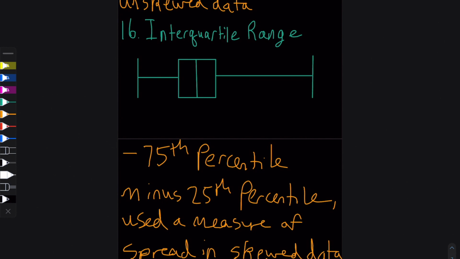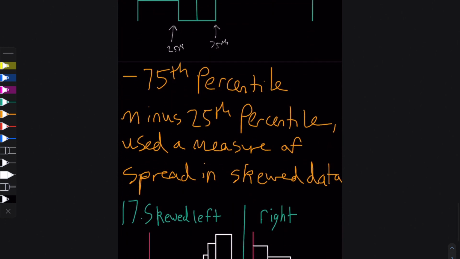And so we have our 75th percentile, which is right here, and this would be our 25th percentile, this line. And so the IQR would be the 75th percentile minus the 25th percentile, and it would be the numbers that are there for the actual data.